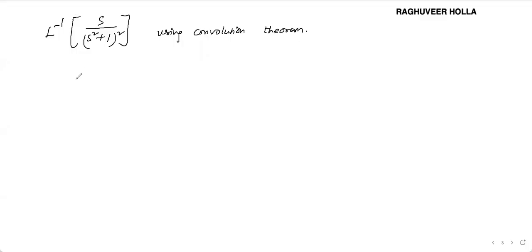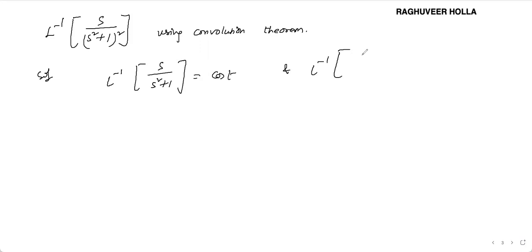Now let us find the inverse Laplace transform using convolution theorem. Okay, so L inverse of s by s square plus 1 is cos t. Okay, and L inverse of 1 by s square plus 1 is sin t.